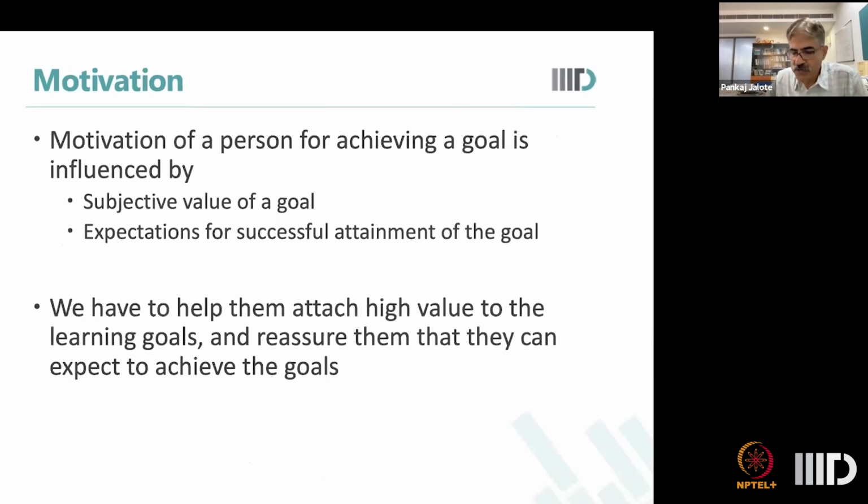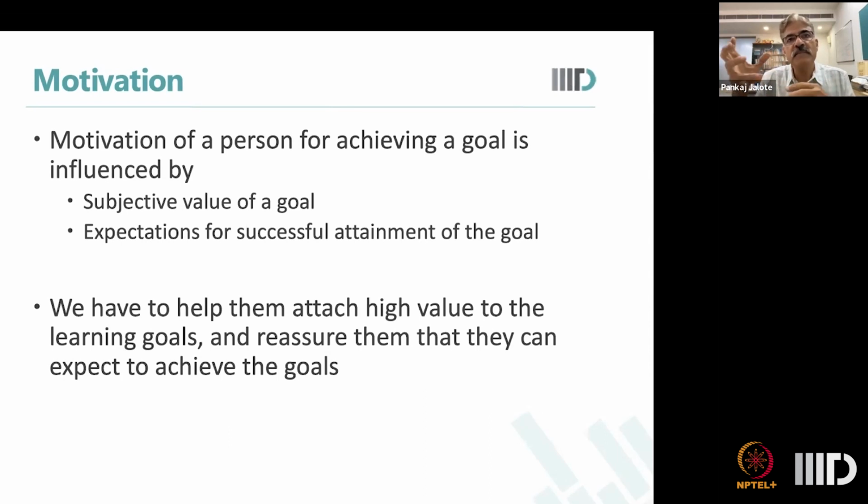Motivation is a very big thing, as I said. I'm boiling it down to some key essentials which may help us teach a course better. Motivation of a person for achieving a goal is influenced by these two key factors.